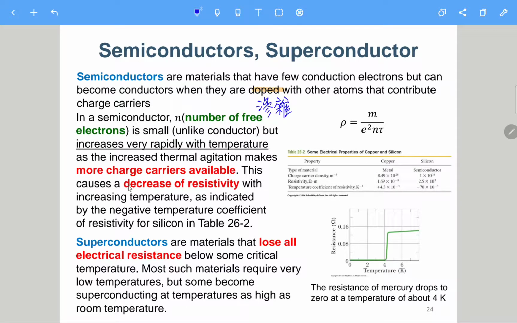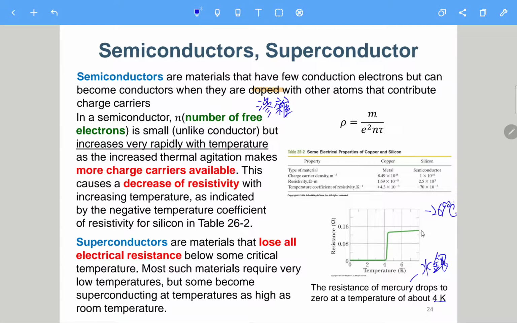And this is not really important here. And for the superconductor, 超导体, it loses all electrical resistance below some critical temperature. So this figure is the resistance of mercury, 水银, which drops to 0 at a temperature about 4K, which is minus 269 degrees Celsius. 4K is not degrees Celsius.